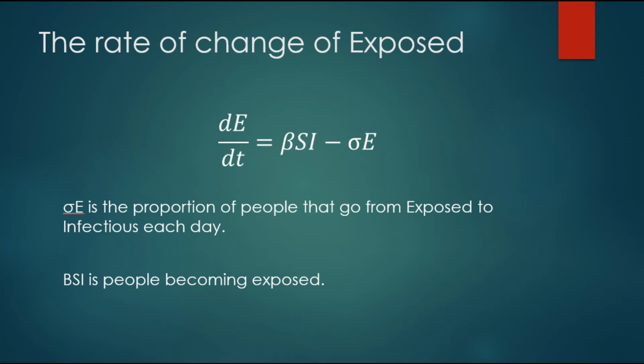So beta S I is people becoming exposed, minus sigma E, which is people becoming infectious. So it's very similar to the dI by dt equation in the previous SIR model.